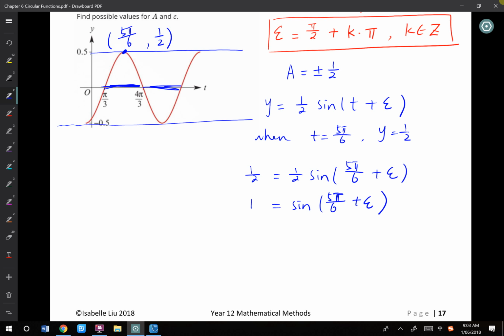Okay, that's what we'll have. Sine what equals to 1? Pi on 2 equals to 1, right? So I will make this equals to pi on 2. So that's 3 pi on 6.